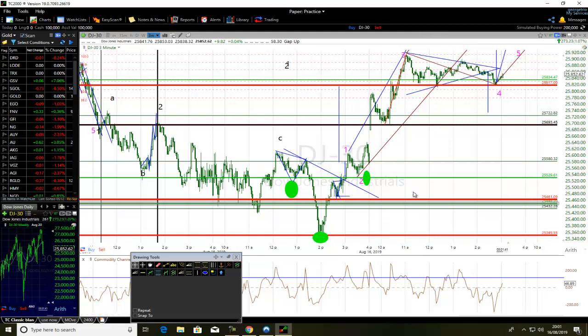If that pitchfork tool that you have drawn, connecting the low of the second wave, the high of the third wave, and the low of the fourth wave, is not useful to you, you can use another pitchfork tool, which is from the low of the first wave.